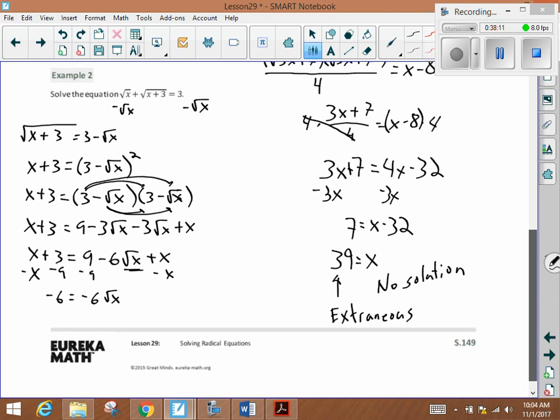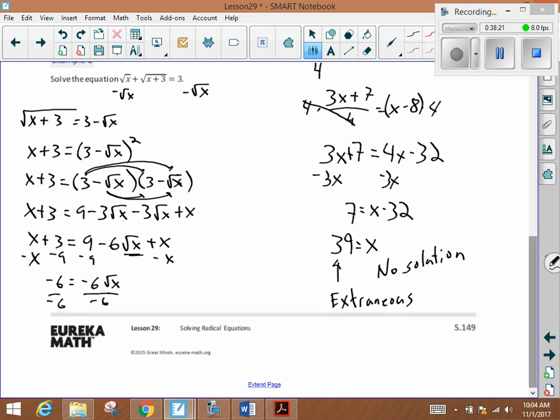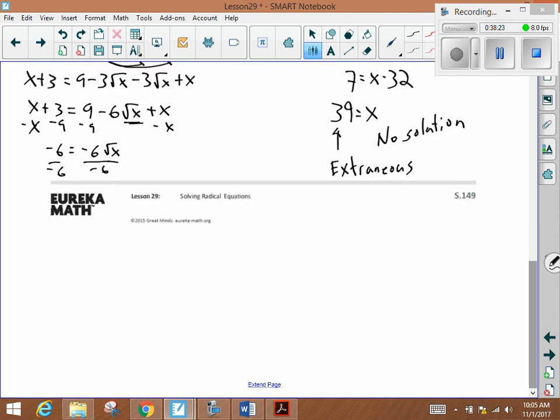Now I've got to divide both sides by negative 6. I have a negative divided by negative, which is a positive. I'm going to just drop this down here. 1 equals the square root of x.